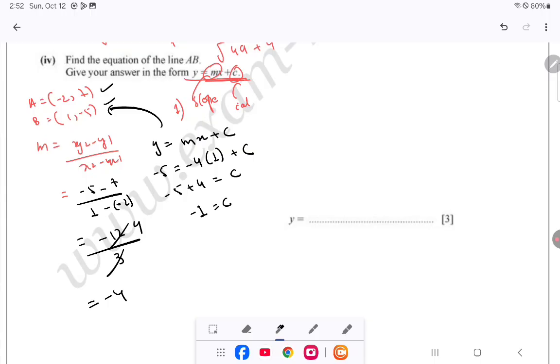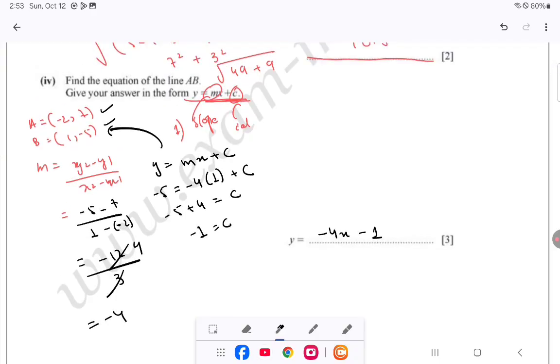Negative of 1 is our c. Just put the values. M we just calculated, y is equal to mx plus c, which is negative of 1. This is our simple line equation of AB.